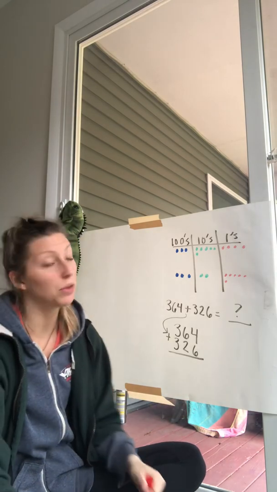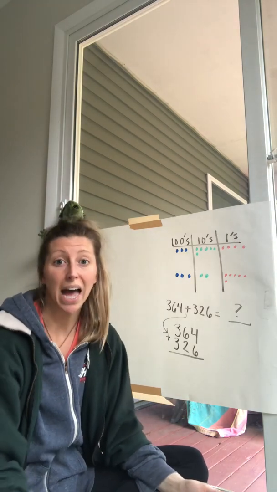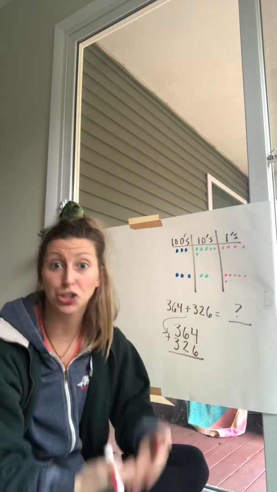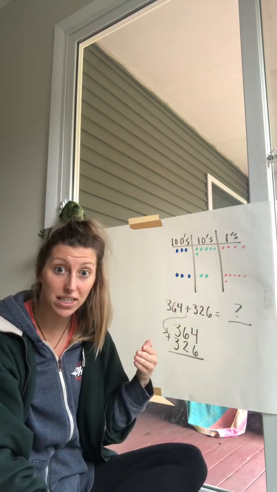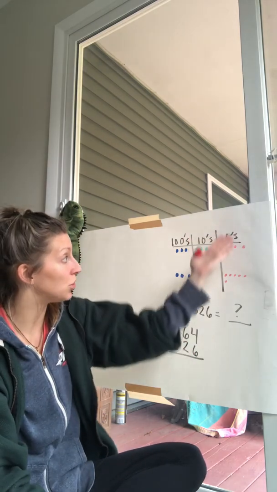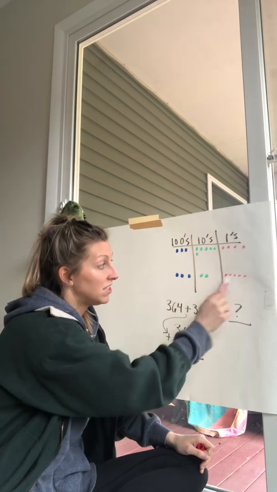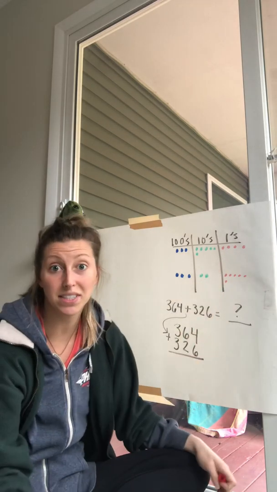Now we have to remember that if we have 10 of something in a column, we can exchange it for the next place value. So if I'm starting with my ones, I have 4 ones up here, and I have 6 ones down here. Well, I know that 4 plus 6 is 10.